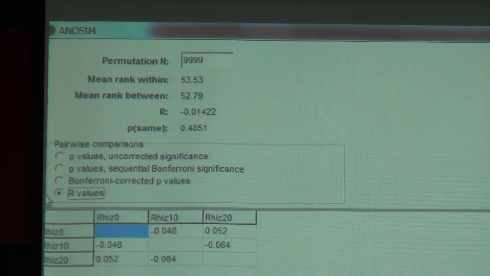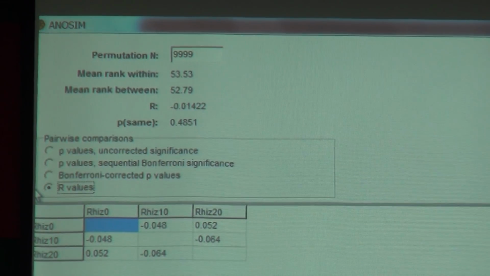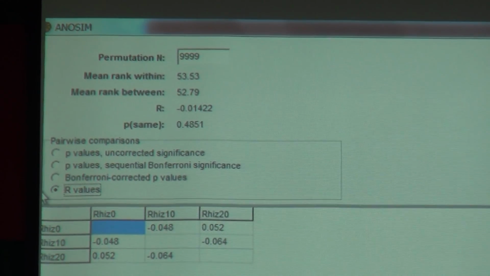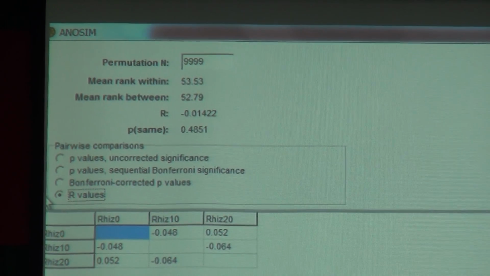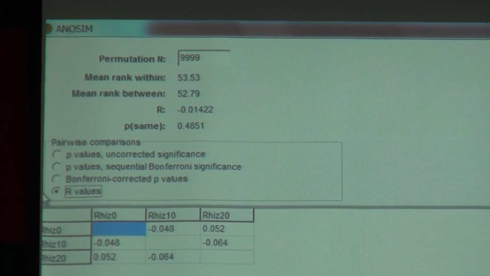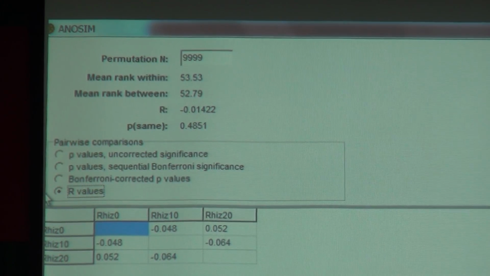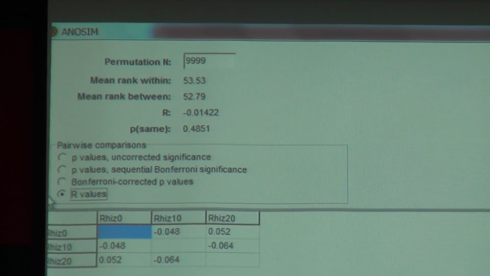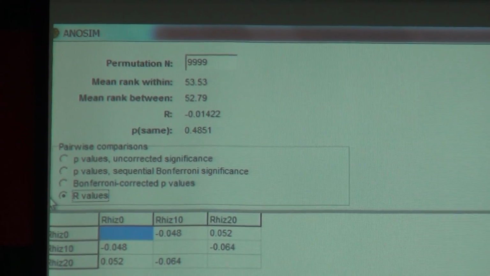The difference between rhizobium 0 and rhizobium 10 is minus something, which is not very big. The difference between rhizobium 0 and rhizobium 20 is larger, but again not very big.